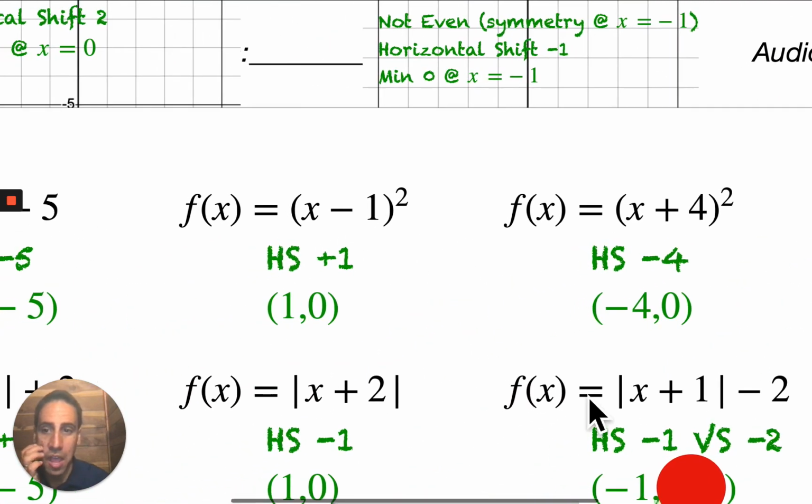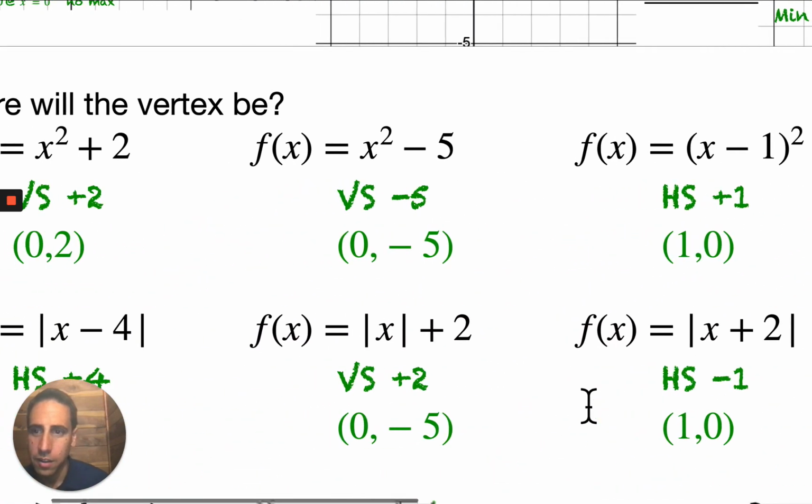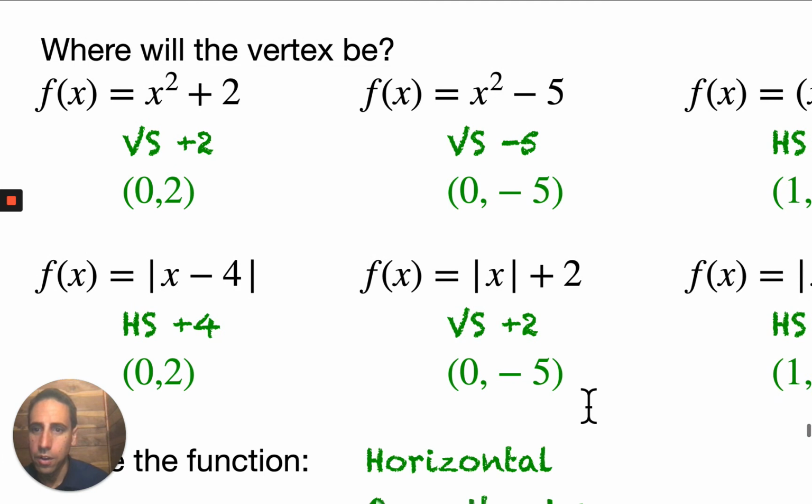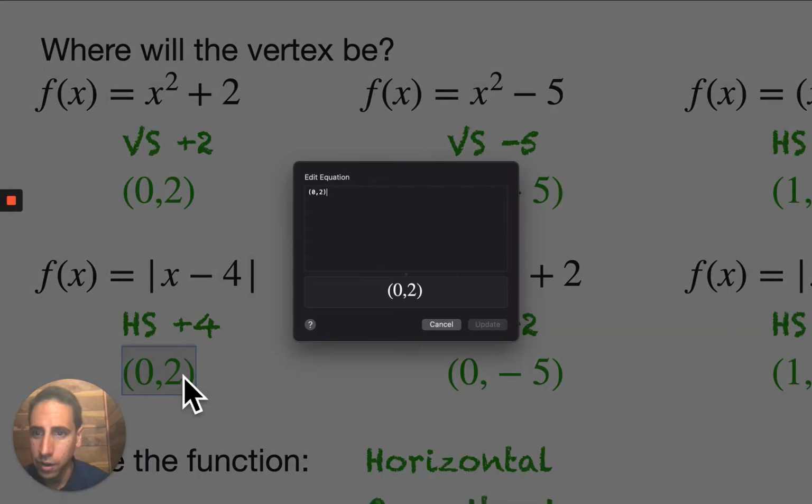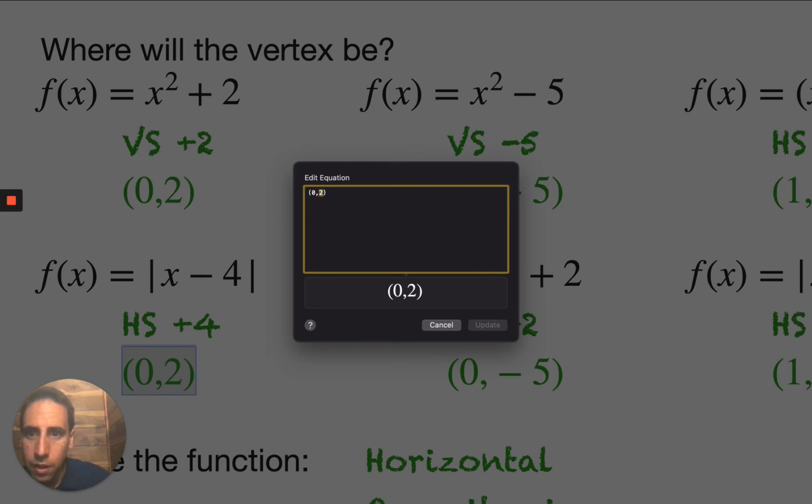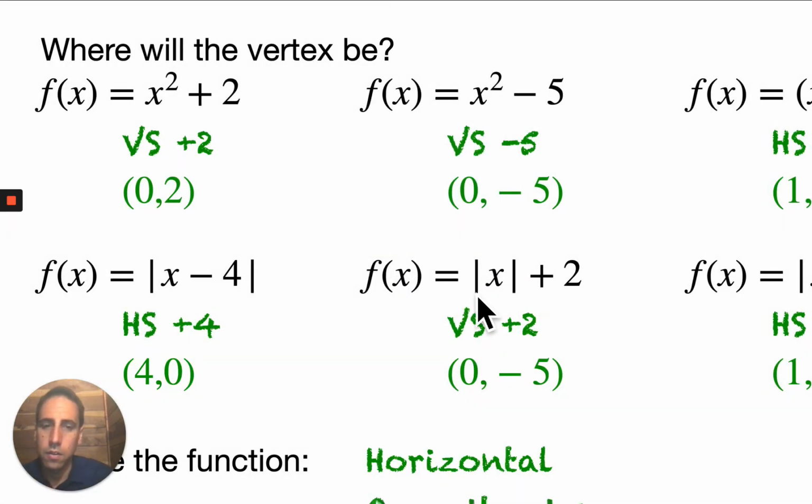I think we're getting the hang of this. We're cool. Alright, so this -4, it's on the inside, therefore it's a horizontal shift of +4, and this is wrong right here. This should be 4, 0. This is also wrong down here.